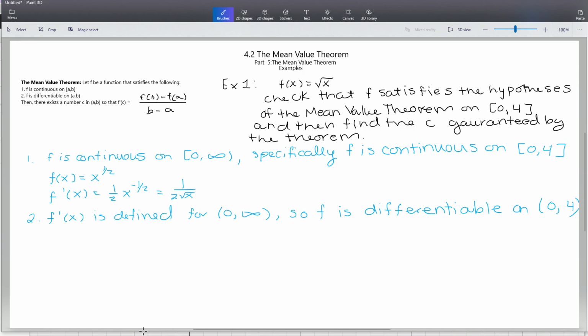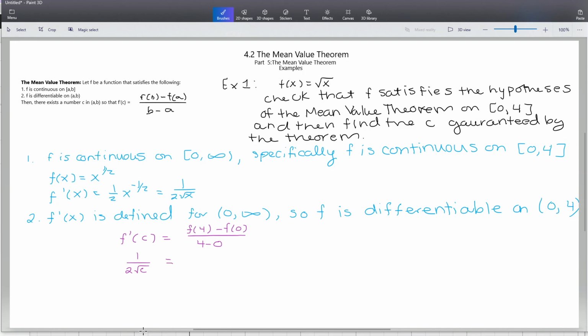That would be telling us that f prime of c is equal to, in this example, b is 4, so f of 4 minus f of 0 over 4 minus 0. f prime of c is going to be 1 over 2 times the square root of c.